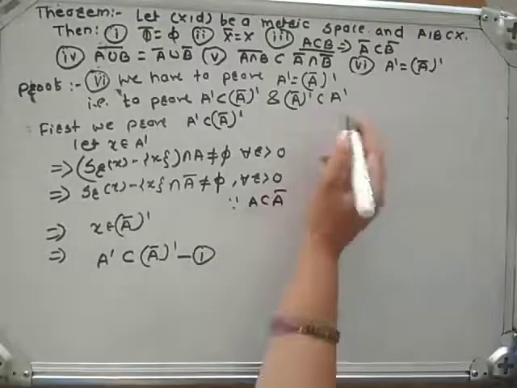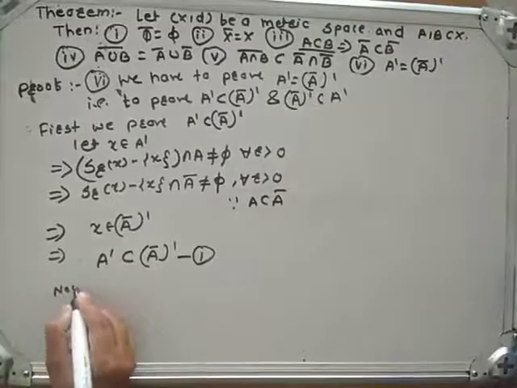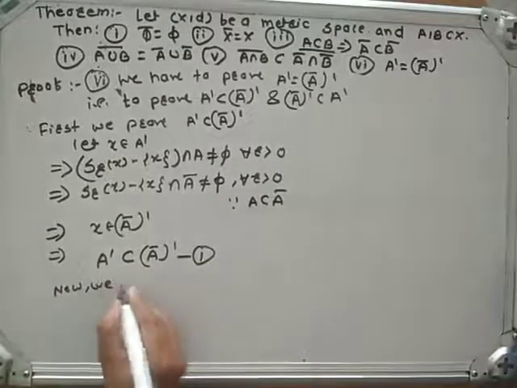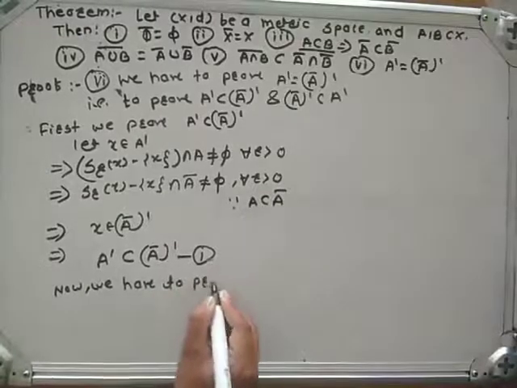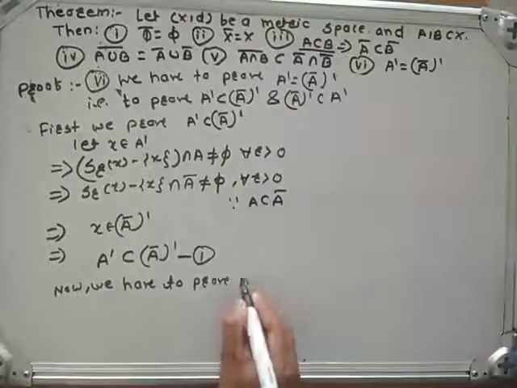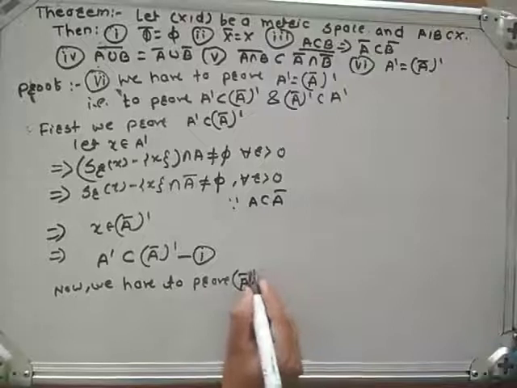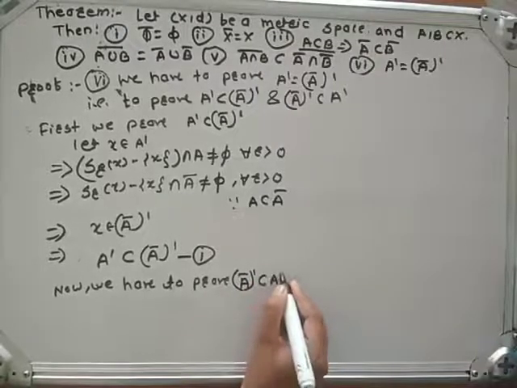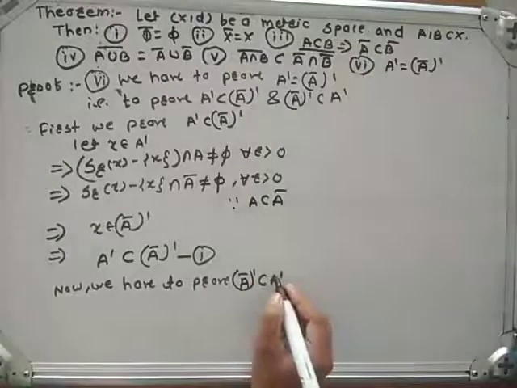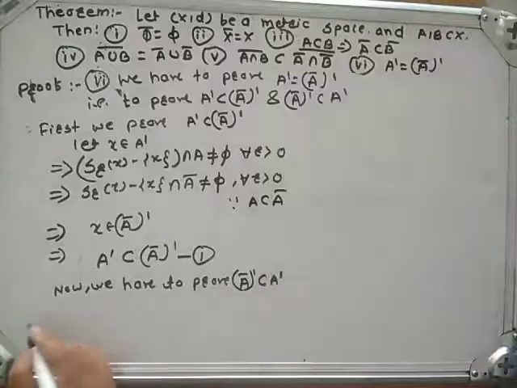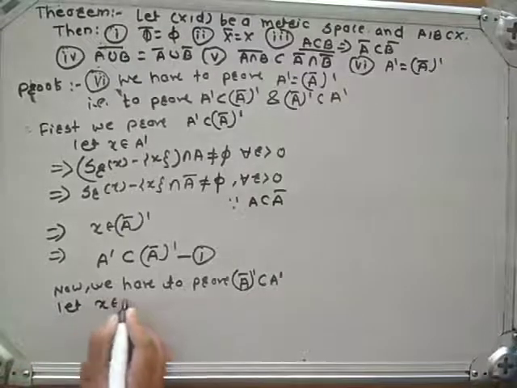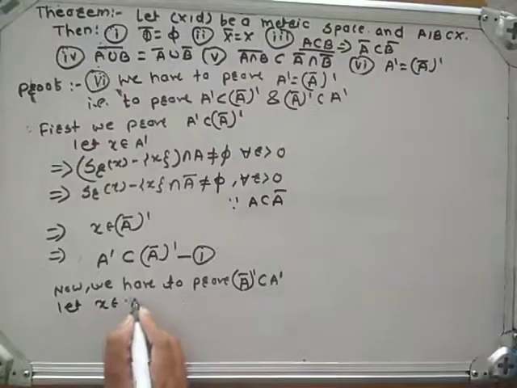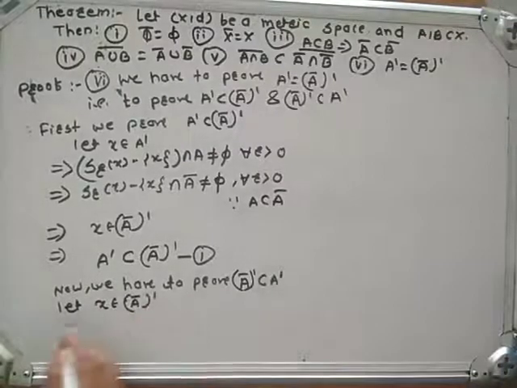Now we have to prove limit points of A closure is a subset of limit points of A. Let x belong to limit points of A closure.